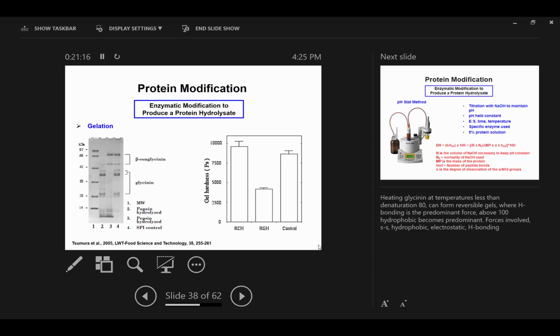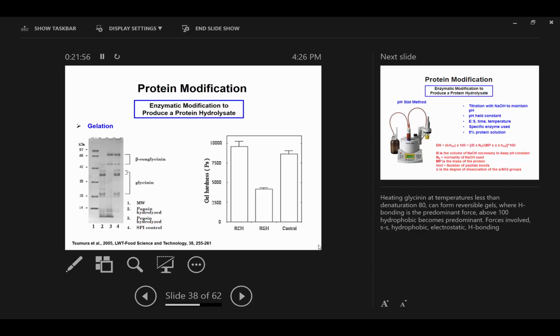Okay. So they did papain and pepsin hydrolysis, the ones I talked about. This is papain hydrolyzed, this is pepsin hydrolyzed. Looking at this figure, RCH stands for reduced conglycinin hydrolysate, meaning the fraction where the conglycinin was hydrolyzed. And RGH stands for reduced glycinin hydrolysate, where the glycinin has been hydrolyzed. And this is the control, which is not hydrolyzed, in this case the isolate.